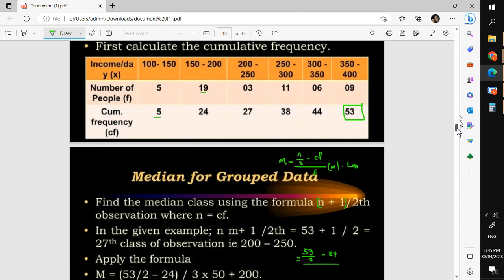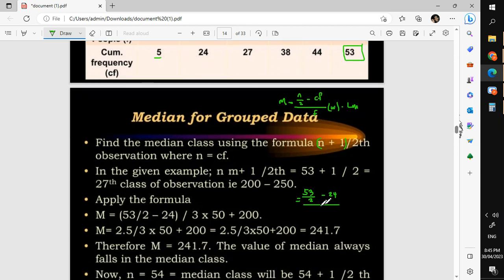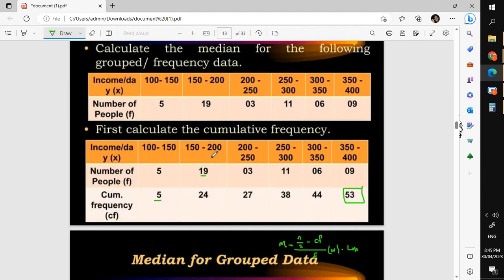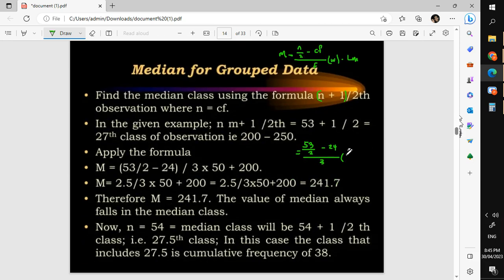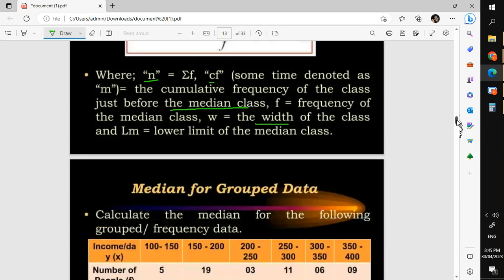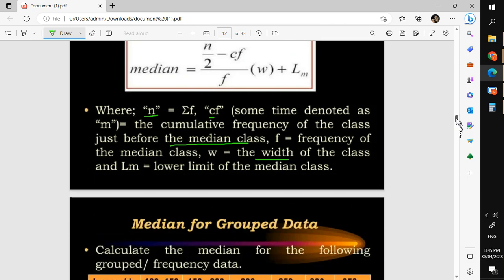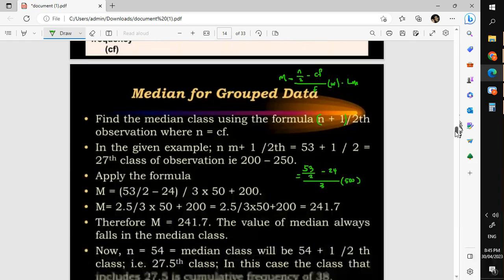So we have 3 times our width. Our class width in this case is 150 minus 100, 200 minus 150, 250 minus 200, 300 minus 250, and so on. That gives us 50. So we put it here, 50. And then plus the lower limit of the median class.